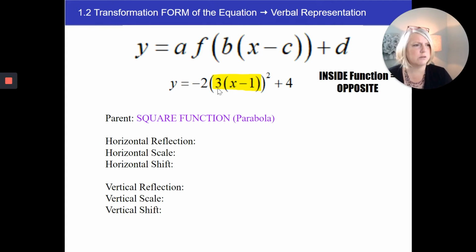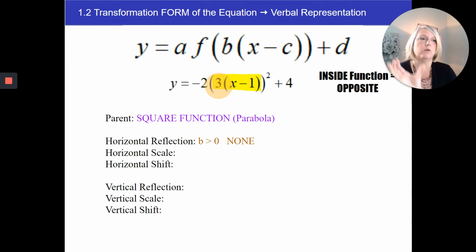So B is greater than 0 right here, so no flips. Then I identify that B is greater than 1, that it's 3, and I remember that I do opposite. That would mean that I am multiplying the width of the original by 1/3, so it's going to get narrower.